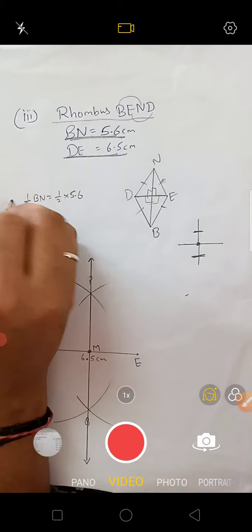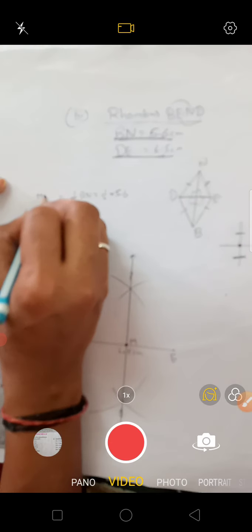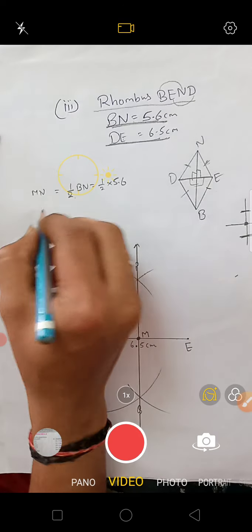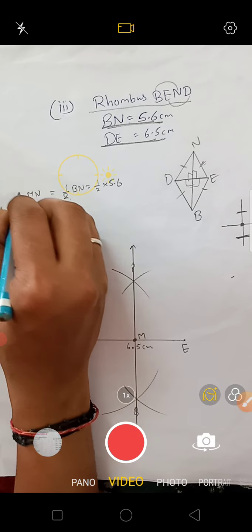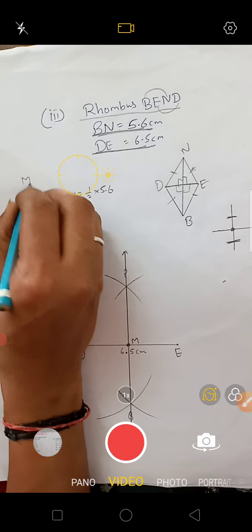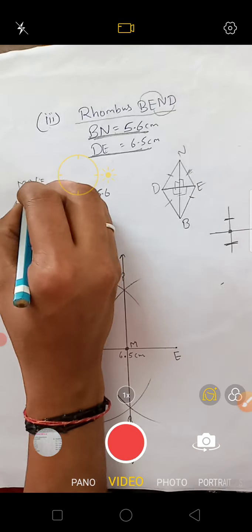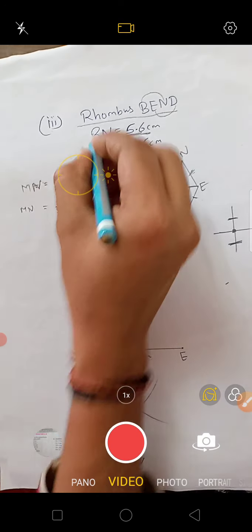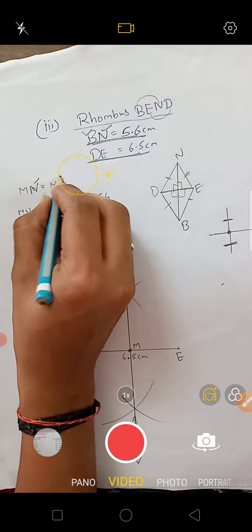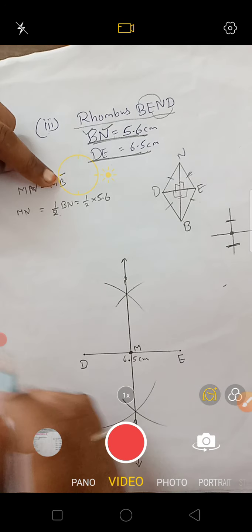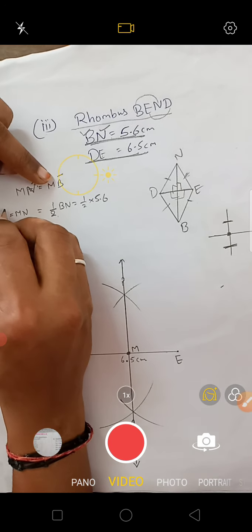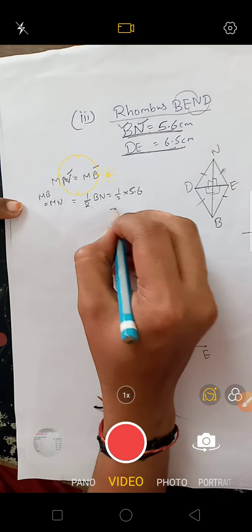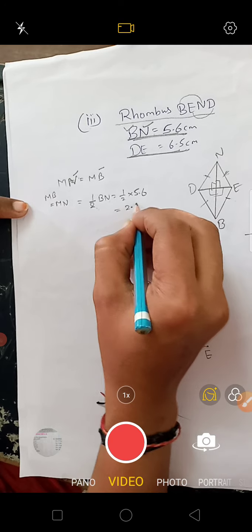So we find MN, and similarly MN equals MB, where MB equals half of BN, and half of BN, 5.6, is 2.8 centimeters.